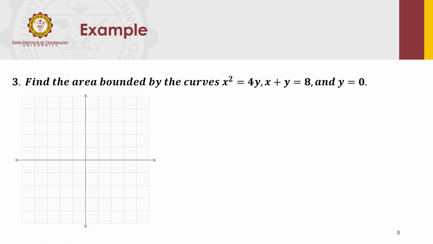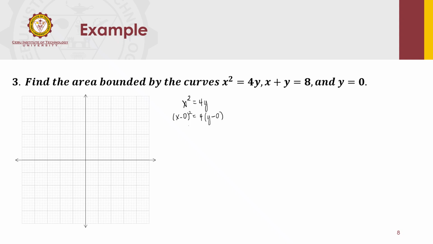Find the area bounded by the curves x squared equals 4y, x plus y equals 8, and y equals 0. So x squared equals 4y is a parabola which opens upward. So we have the standard form x minus h quantity squared, or since there's no x term, x minus 0 quantity squared, and then 4a times y minus k, or y minus 0, since there's no constant term.